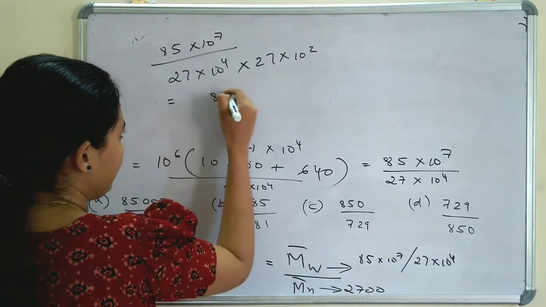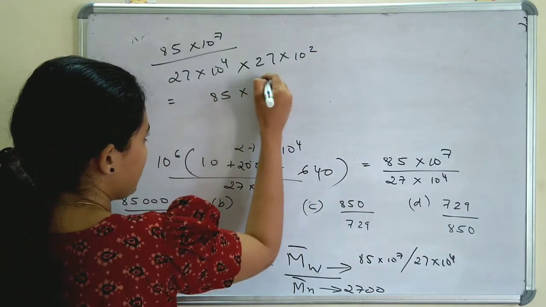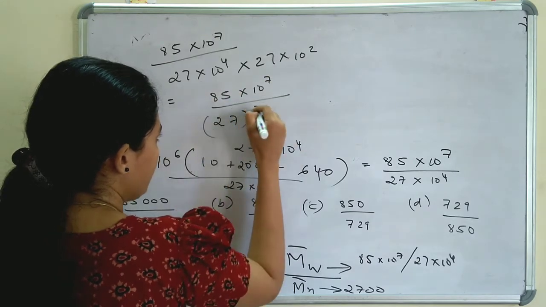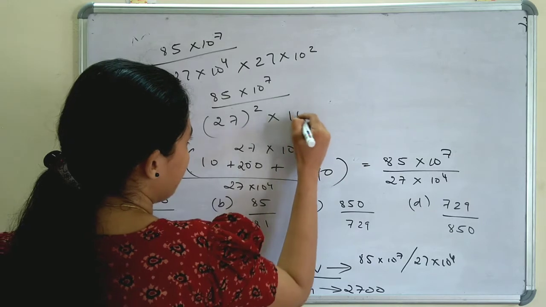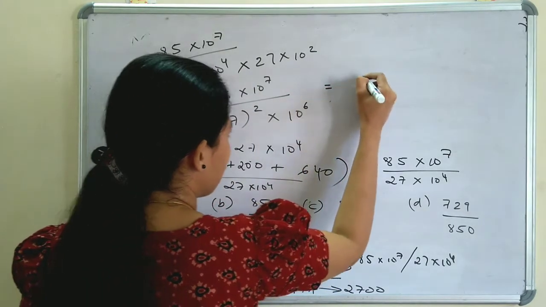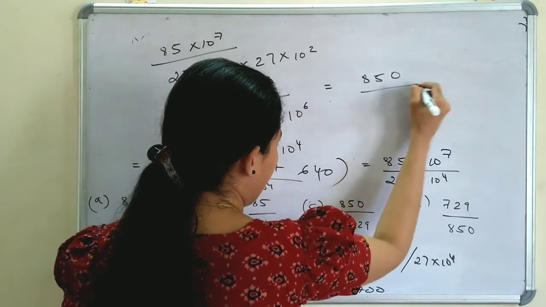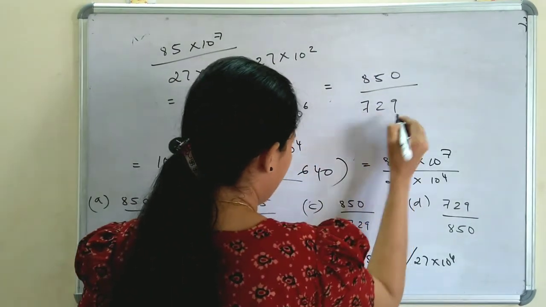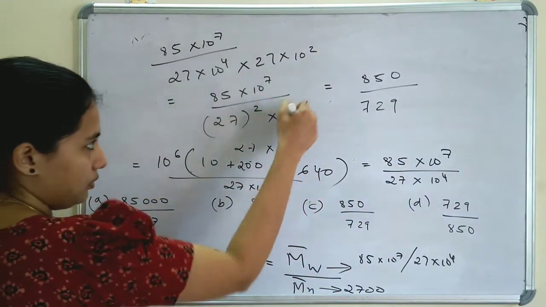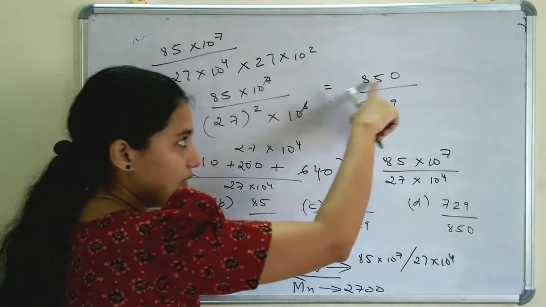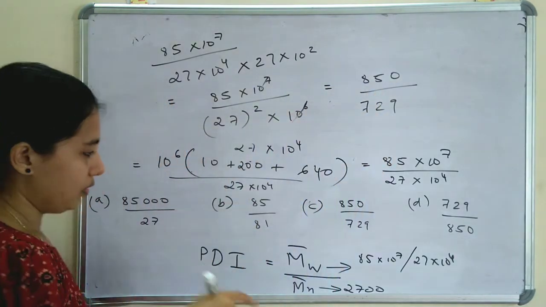So 85 into 10 raised to 7 divided by 27 the whole square into 10 raised to 4 plus 2, that is 6. So 850 divided by 27 square, 729. 10 raised to 6 and 7 cancel, 10 comes in the numerator. So 850 divided by 729.